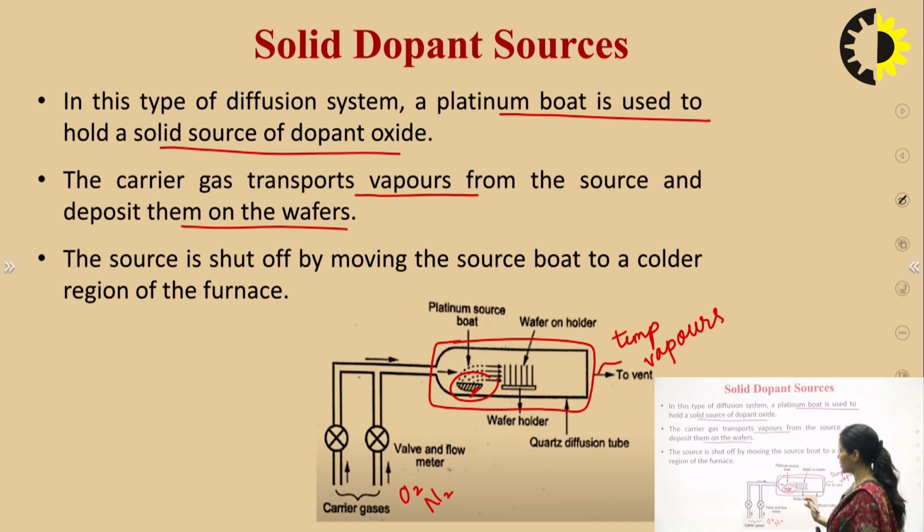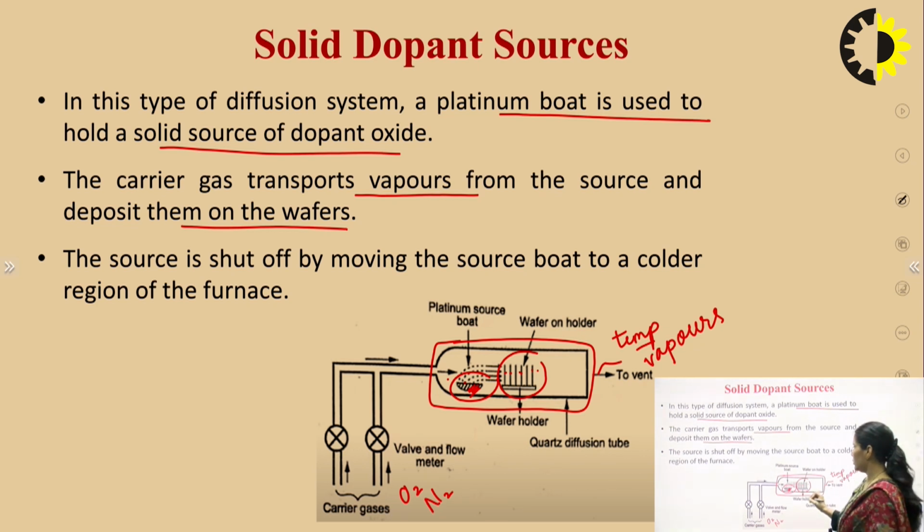This boat is transferred to that section of the furnace where the temperature is high enough to convert the solid dopant into vapors. Now, what is the role of the carrier gas? The carrier gas from here will move towards the entry point of this furnace, and this carrier gas will carry the vapors of the dopant material towards the wafers, and the vapors of the dopant material will be deposited on these wafers, which are placed vertically in this holder.